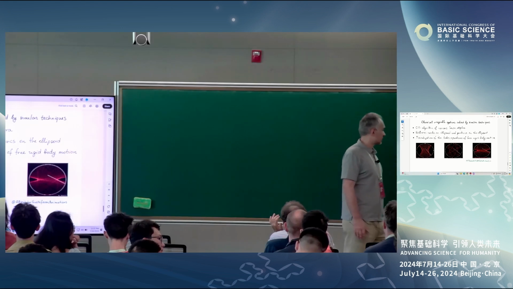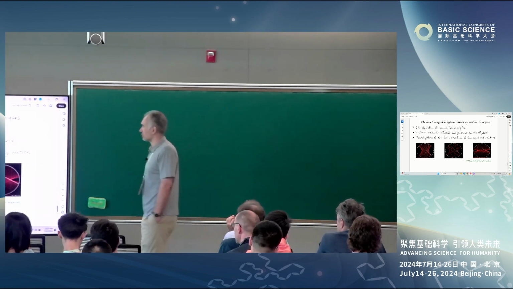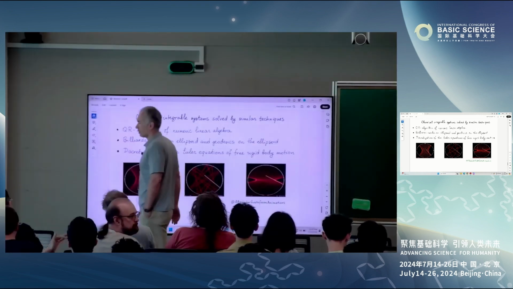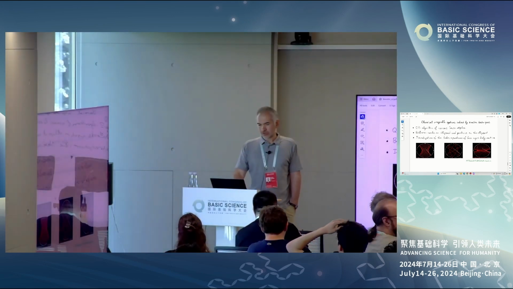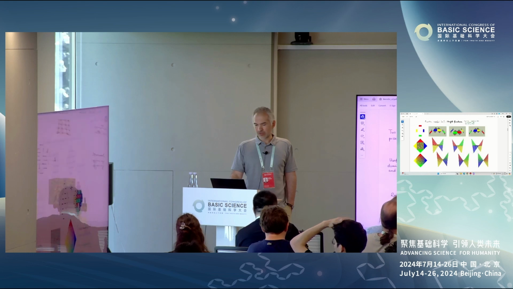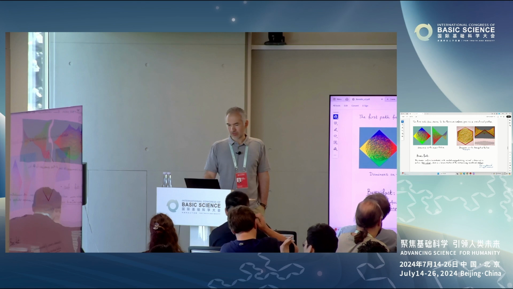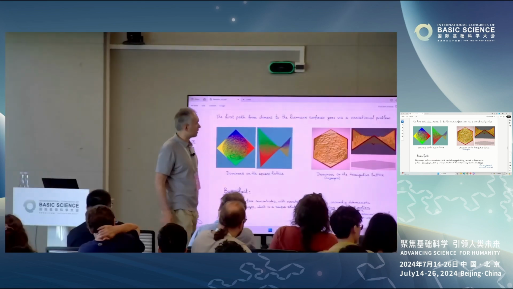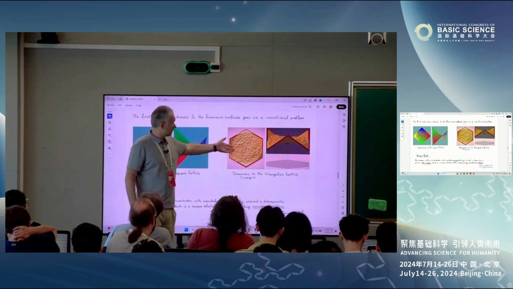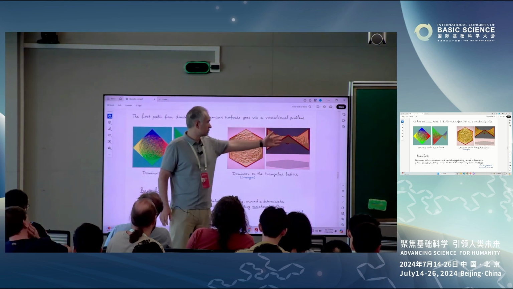Right, so you need to fix the domain. If you look at the lozenge tilings, I had one picture of them show up. Let me go back to that picture. Lozenge tilings is a similar game, but not on the square lattice, but rather on the hexagonal one. Here is a picture. This is a lozenge tiling of a regular hexagon, and this is a three-dimensional surface associated to it.